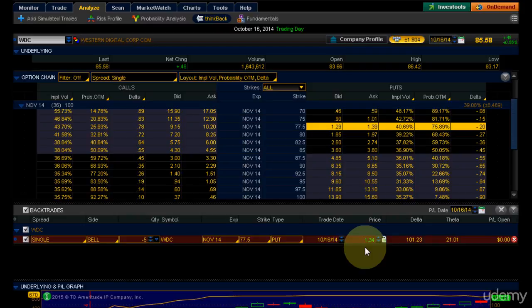Remember, those represent 100 shares of the underlying stock, so we're receiving $134 per contract. We're selling 5 of those, so we're going to get over $600 in income deposited into our brokerage account when we execute this trade. Now again, our goal in this initial trade is for Western Digital Corporation to finish above the $77.50 strike price at expiration.